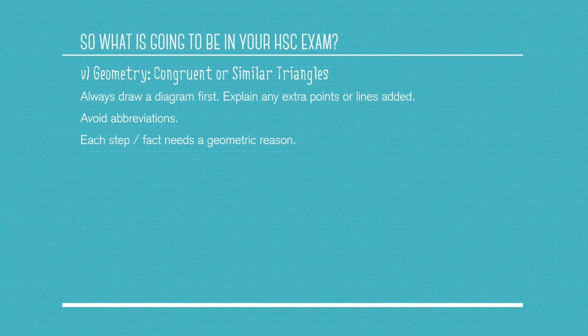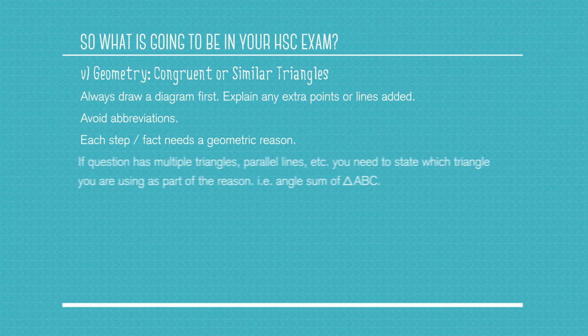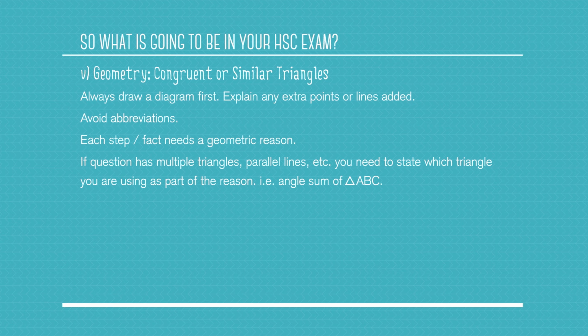Each step or fact needs a geometric reason. If you are saying for some reason that angle ABC is equal to angle XYZ, then you've got to give a reason for it. If your question has multiple triangles or parallel lines, you've got to state which triangle or which pair of parallel lines you're using.